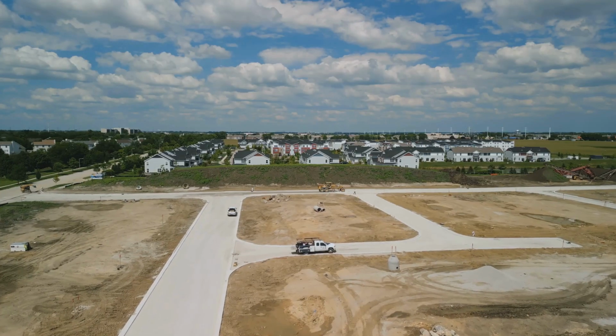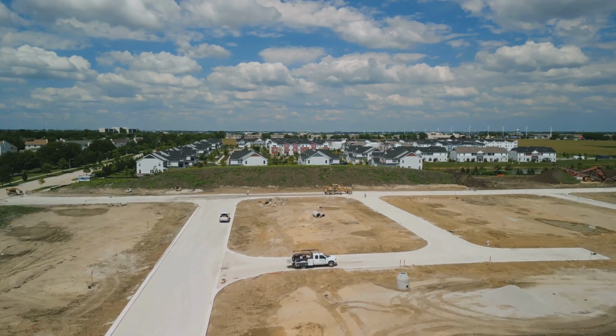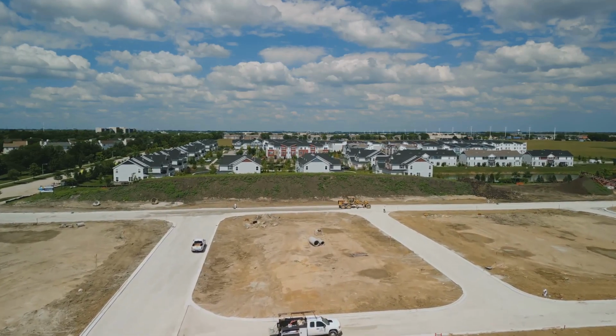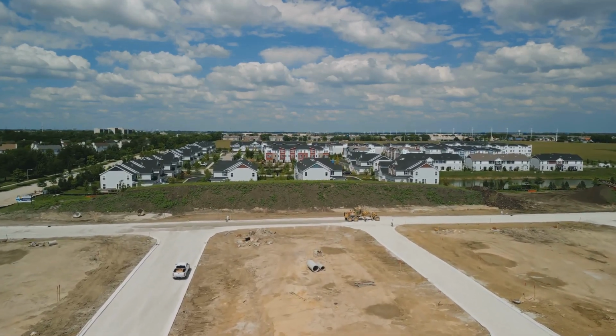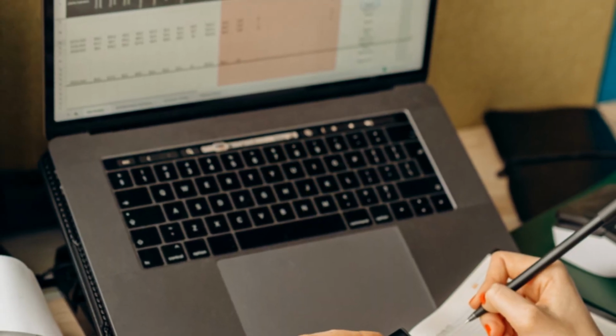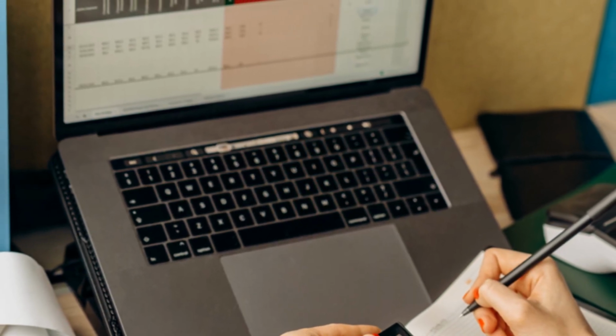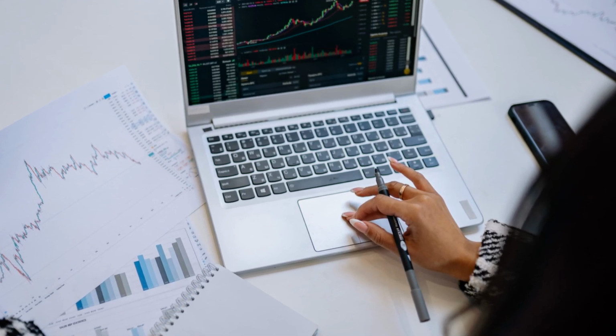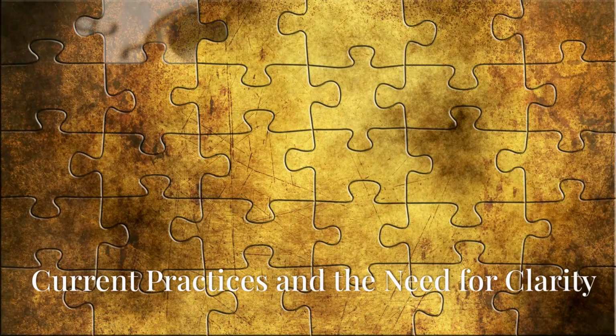For example, a large lot zoned for mixed-use development could be used for various combinations of residential, commercial, and retail spaces. Appraisers analyze each scenario's potential income, expenses, and risks to determine the most profitable and highest and best use for the property.